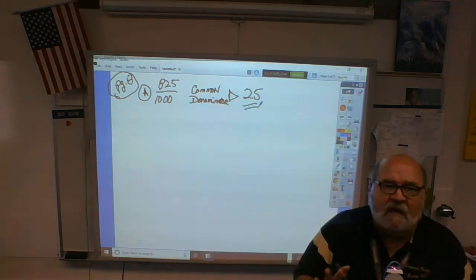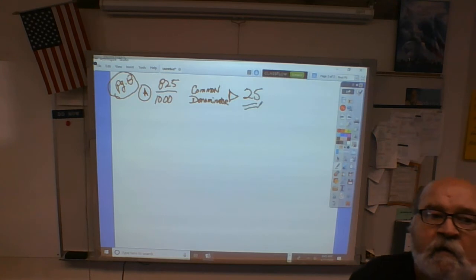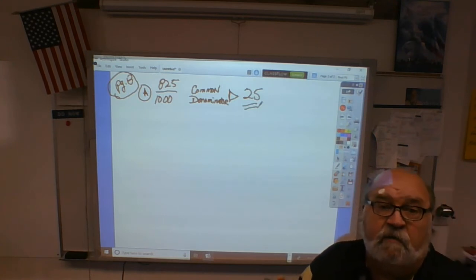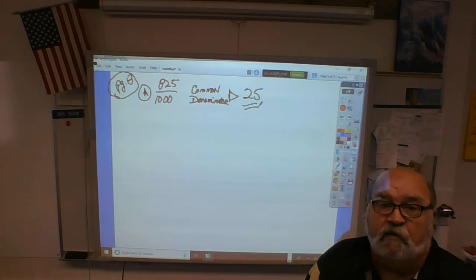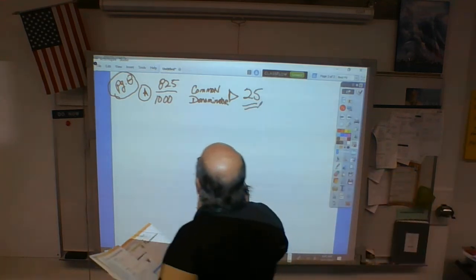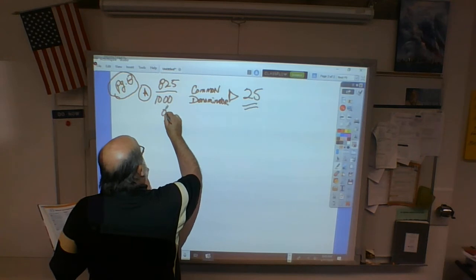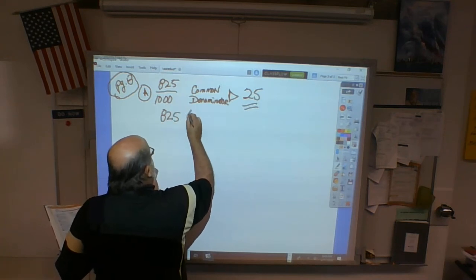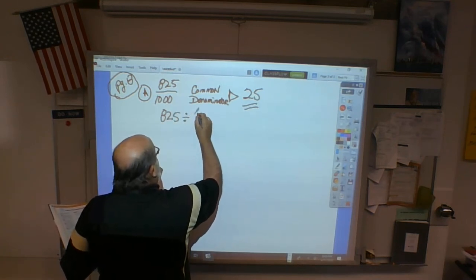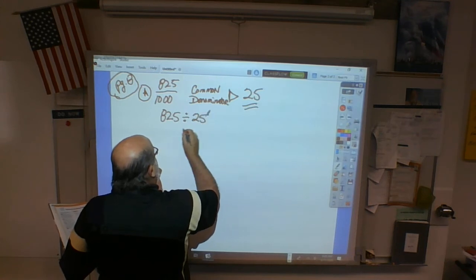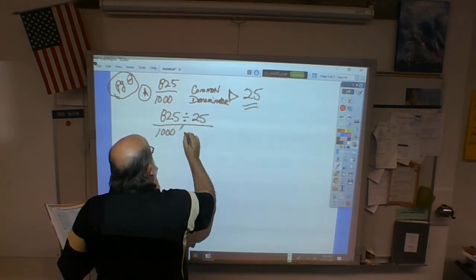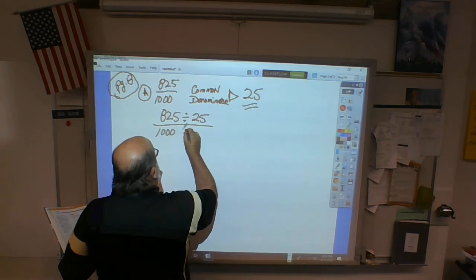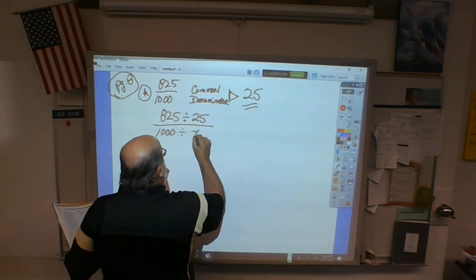Now, that might not be the last stop on this train, but it should make our numbers small enough that we can make some good use out of them. So what we're going to do is take 825 and divide that by 25, and take 1,000 and divide that by 25.